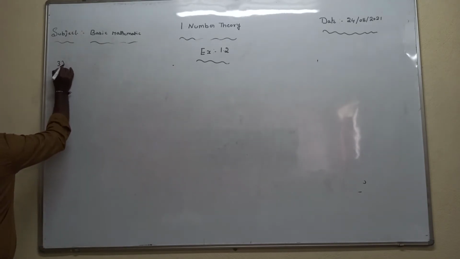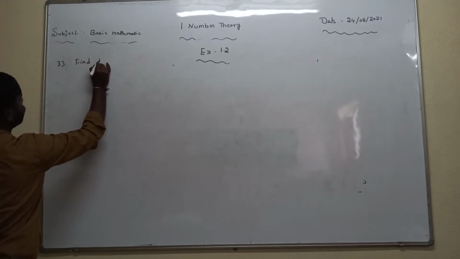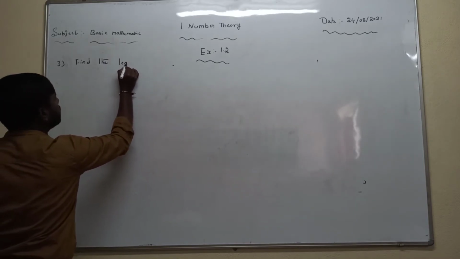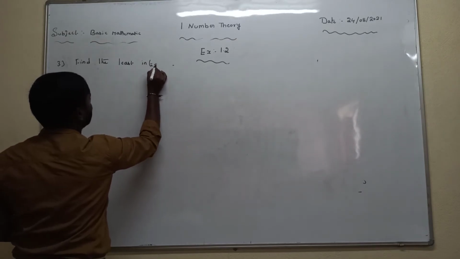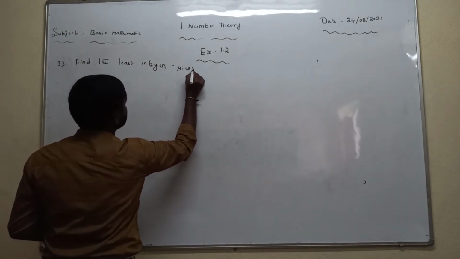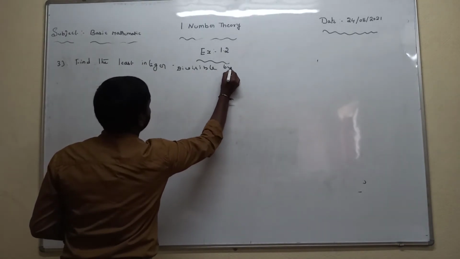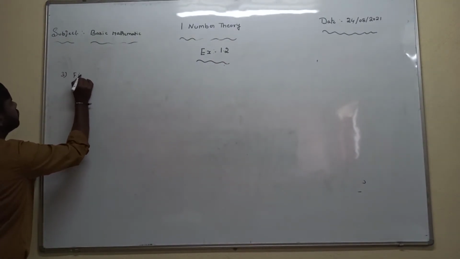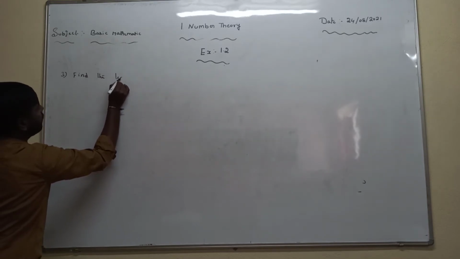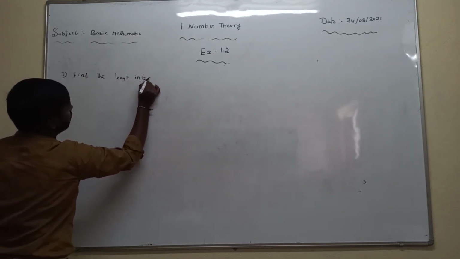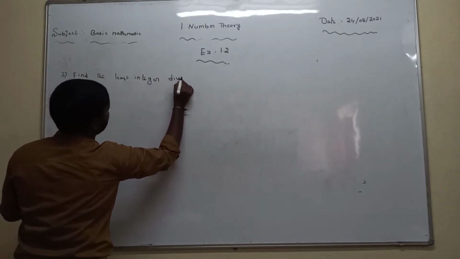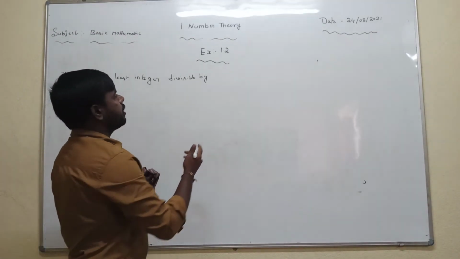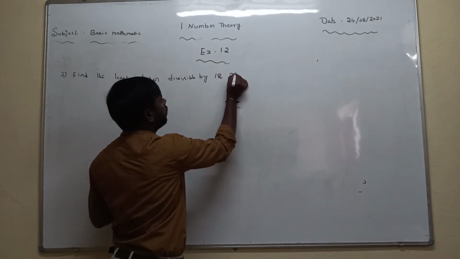See the question number 3, they are asking to find the least number or least integer divisible by 18 and 24.